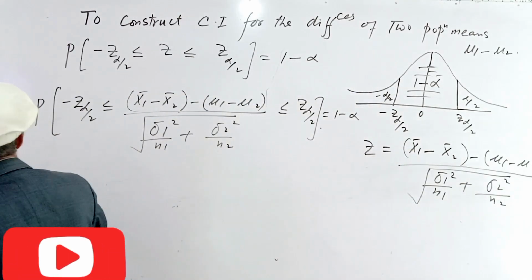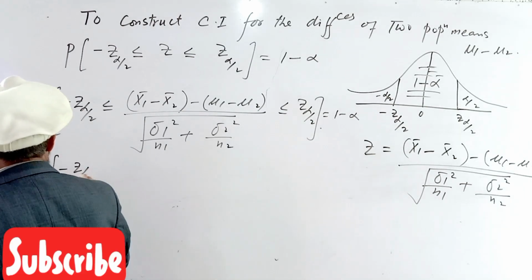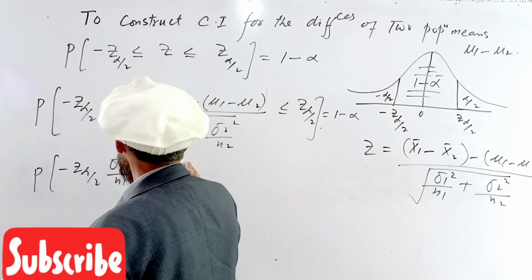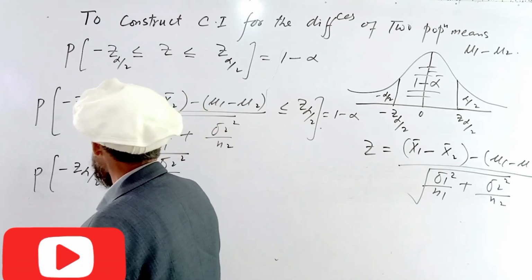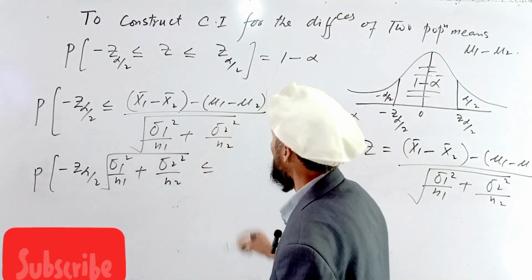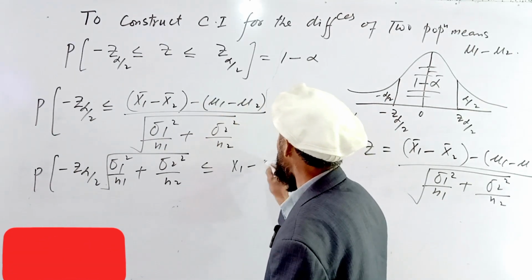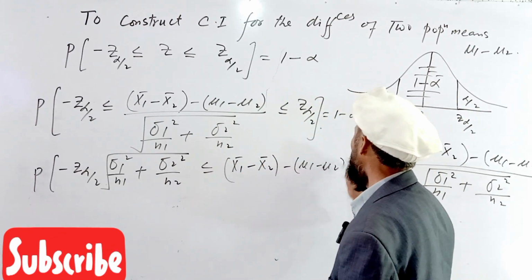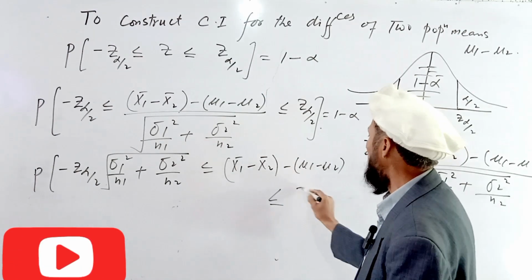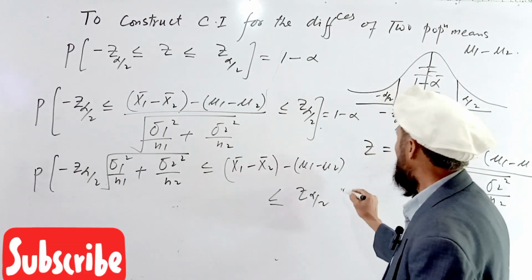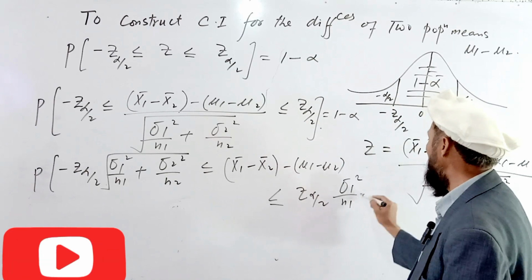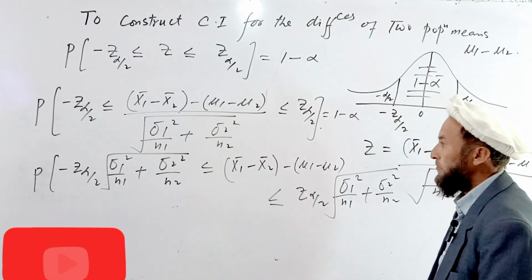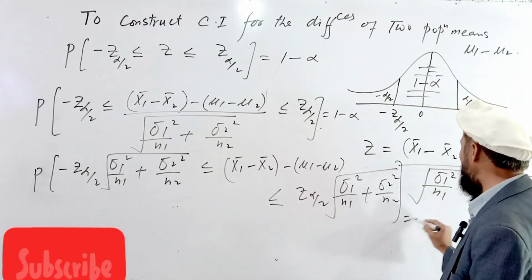So we will get the probability of minus z alpha by 2 times the square root of sigma 1 square divided by n1 plus sigma 2 square divided by n2, less than or equal to, here remaining x1 bar minus x2 bar minus mu1 minus mu2, less than or equal to z alpha by 2 times the square root of sigma 1 square divided by n1 plus sigma 2 square divided by n2, is equal to 1 minus alpha.